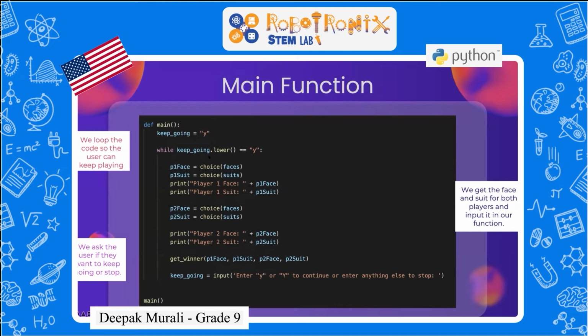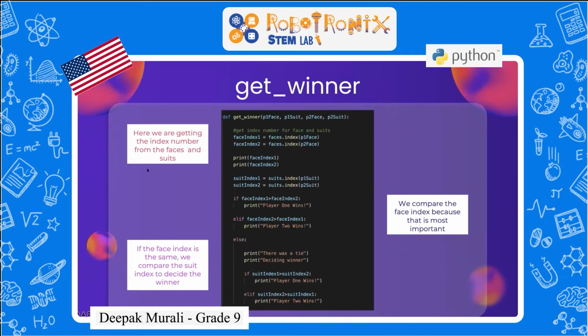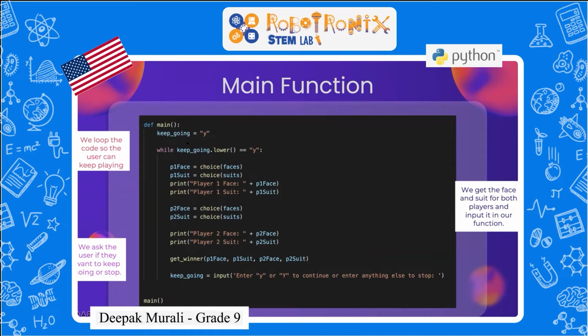So yeah, this is our main function. At the start, we're looping our code so that it keeps running and the player can play the game as long as they want to. And right here, we're getting the suits and the faces for both of the players using the choice function.